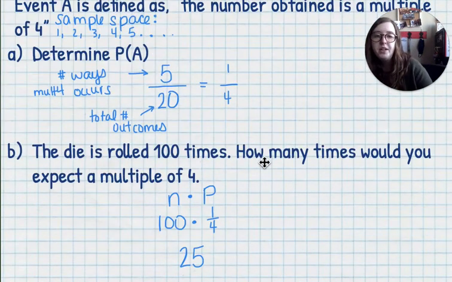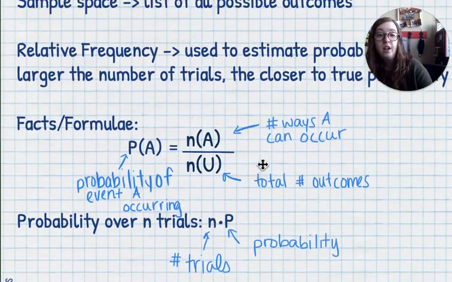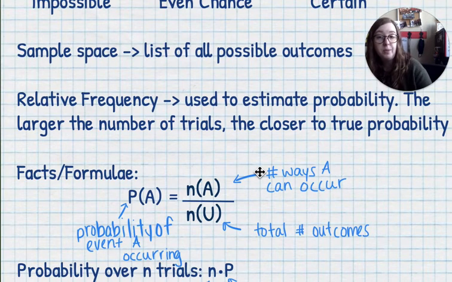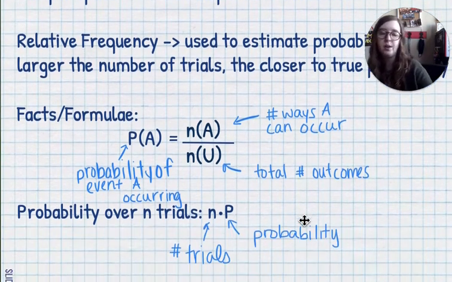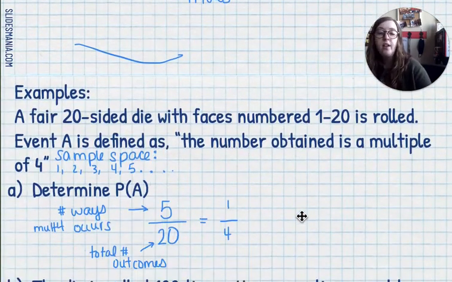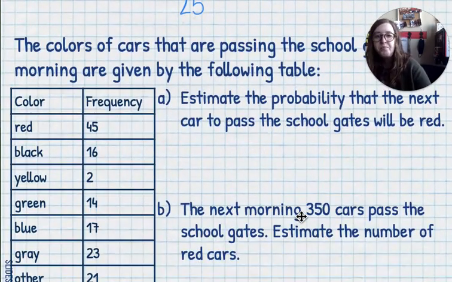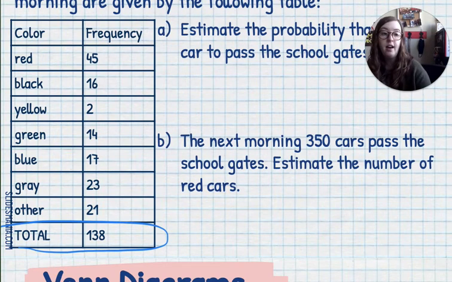Well, earlier we talked about relative frequency. Relative frequency is used to estimate probability, and the larger the number of trials, the closer to the actual probability. So relative frequency is essentially finding the probability that the next car will be whatever color this is.